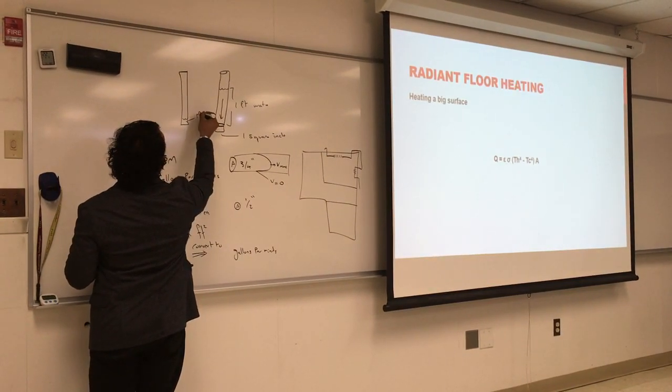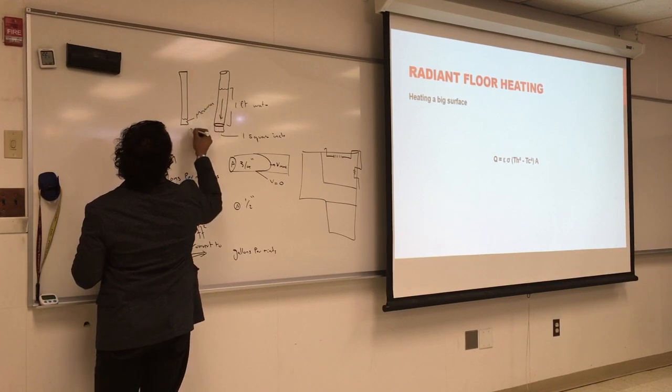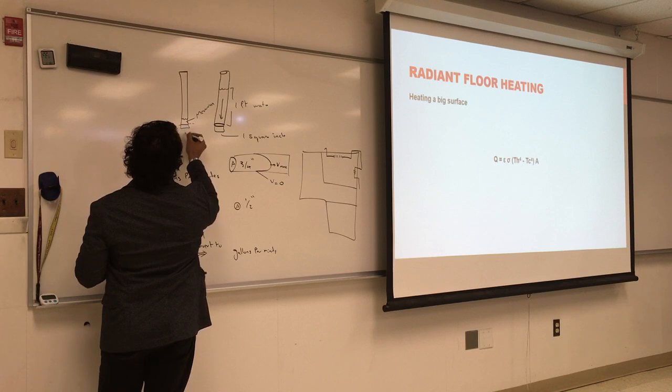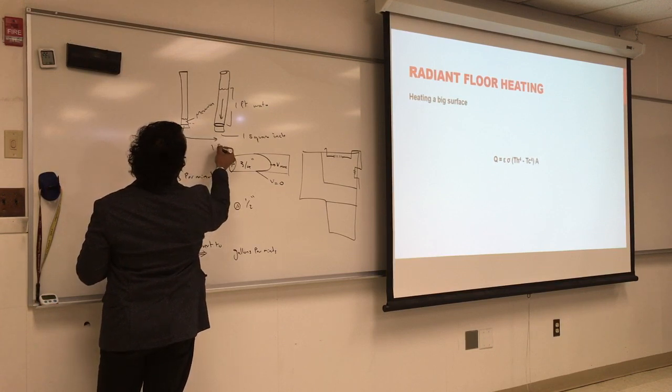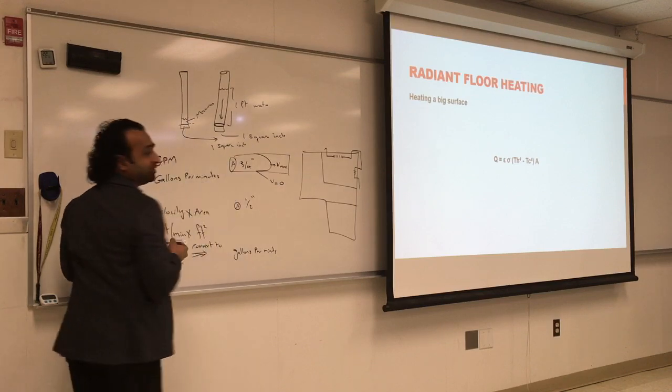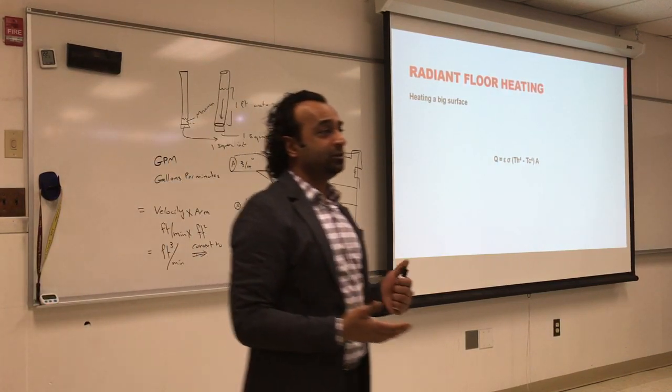So, mercury. Most of this is for vacuum. Again, 1 square inch of mercury. And you know what this is equivalent to?